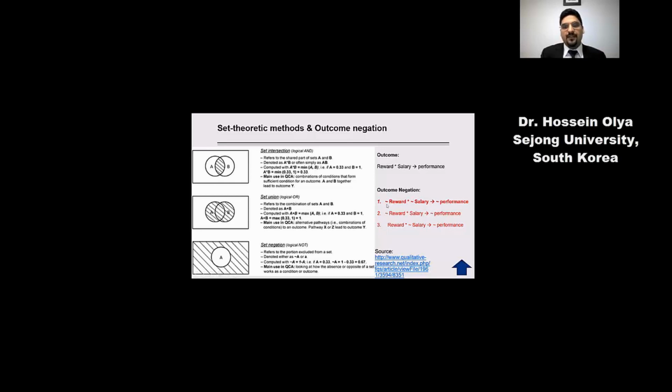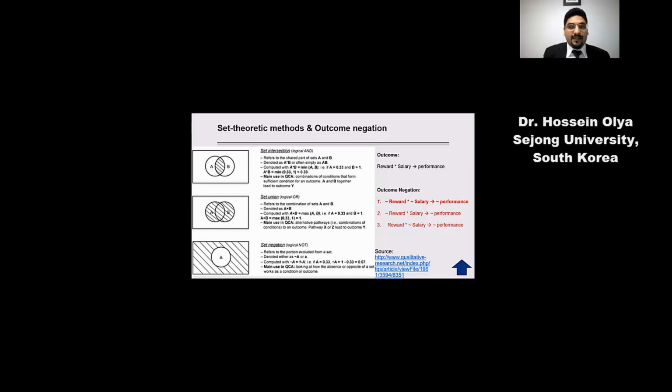For example, if a high level of reward and a high level of salary lead to a high level of performance, then we simply say a low level of reward and low level of salary lead to a low level of performance. In conventional research, we consider this rule.